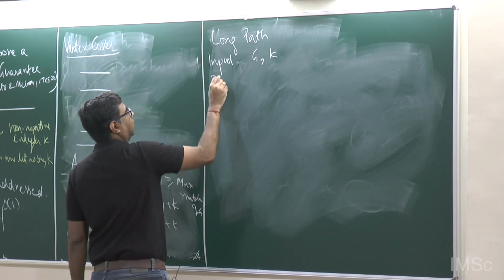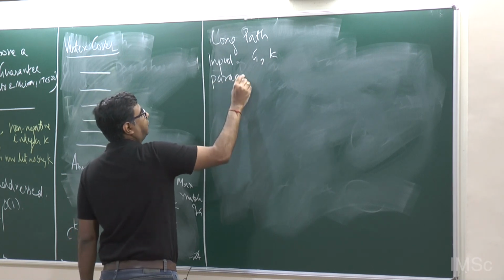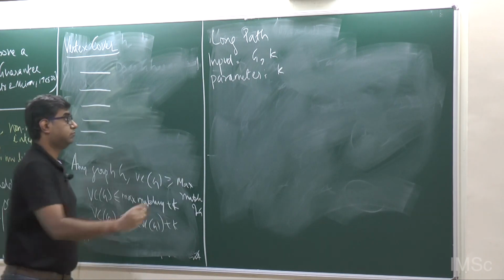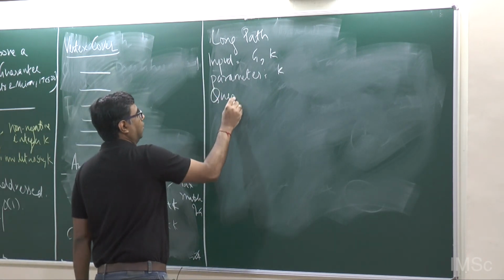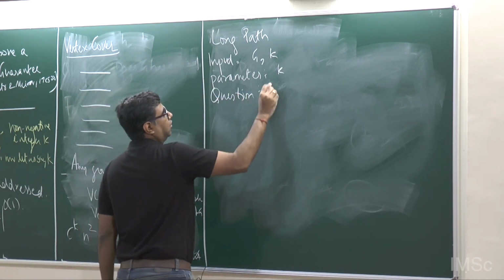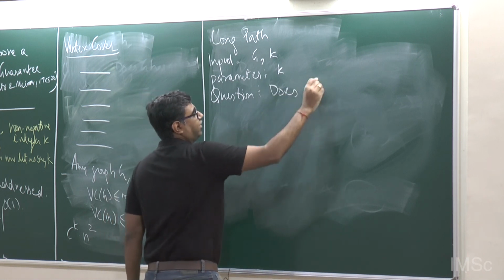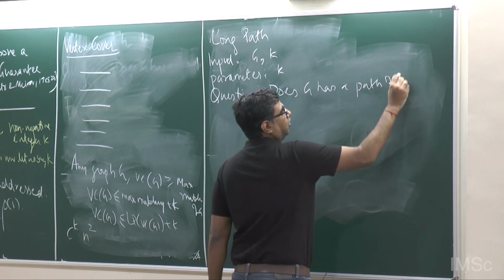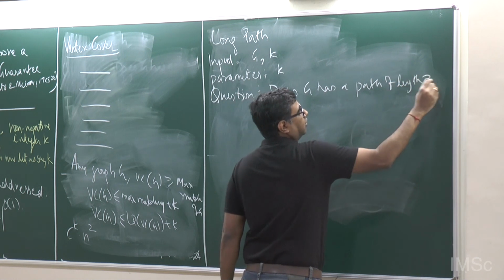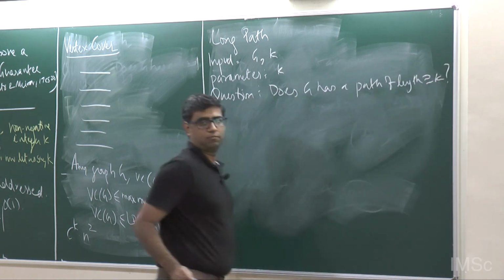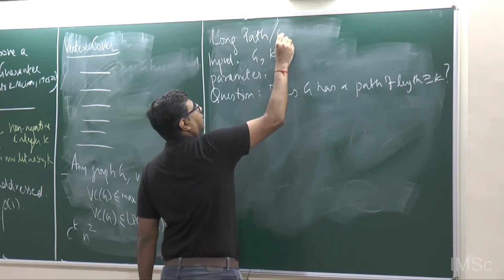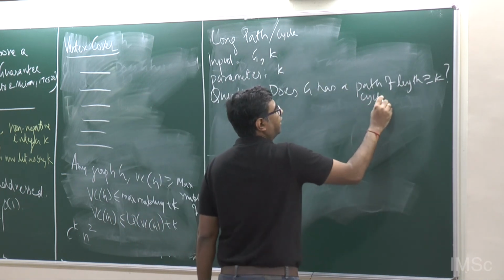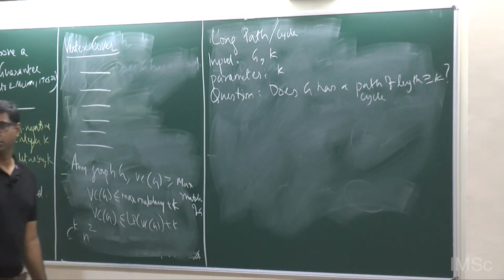The parameter will keep changing, but for now, let's say k. And the question is, does G have a path of length at least k? And if I ask cycle, then it becomes a cycle of length at least k.